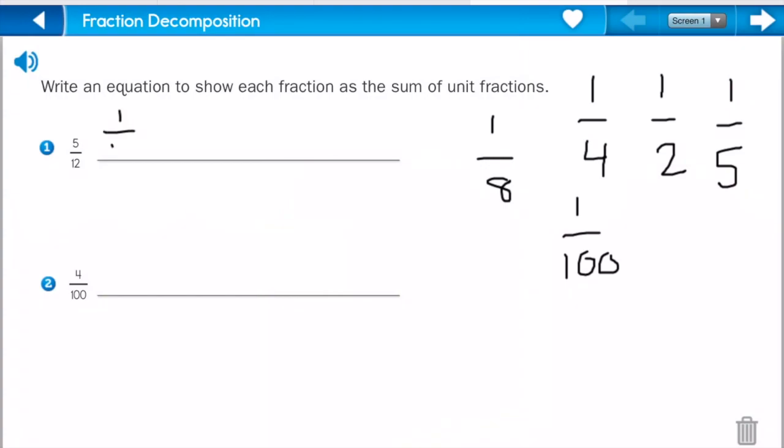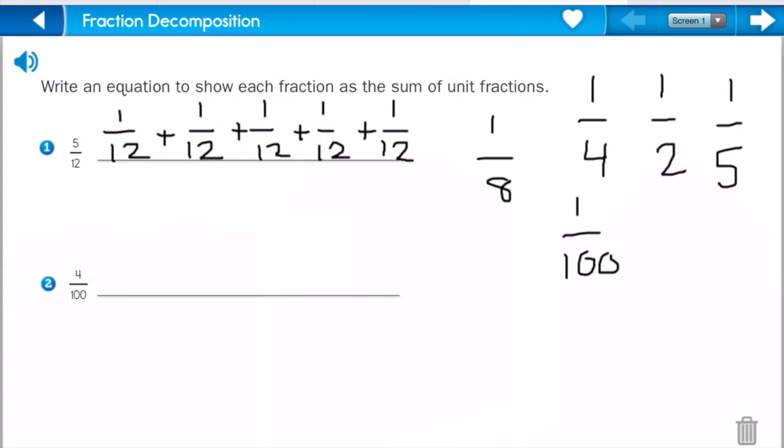1 over 12 plus 1 over 12 plus 1 over 12 plus 1 over 12 plus 1 over 12. So all that you're doing there is decomposing, which means breaking it up.